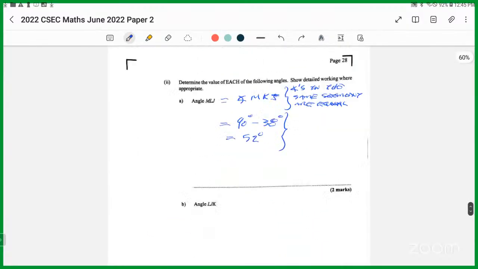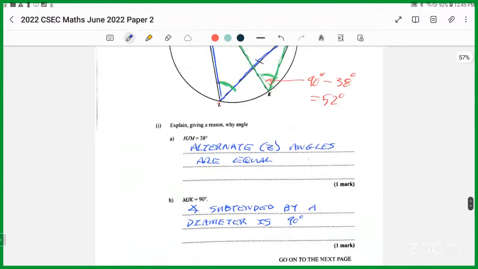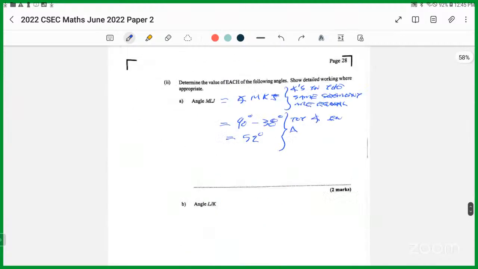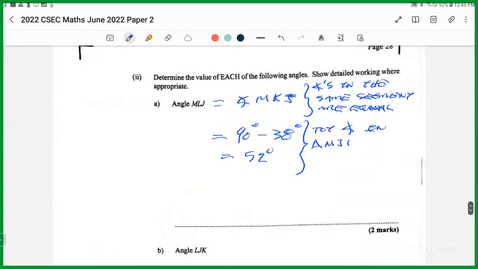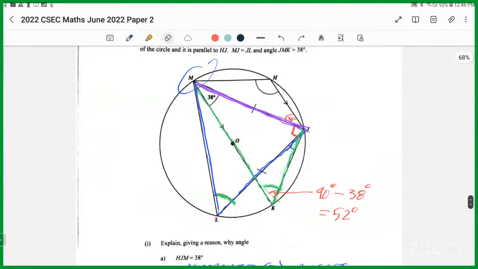So you can write: total angle in triangle MJK is 180 degrees, and the one in the corner is already 90. So these two must add up to 90. So that angle is 52 degrees. Let me clear the diagram and put them on.